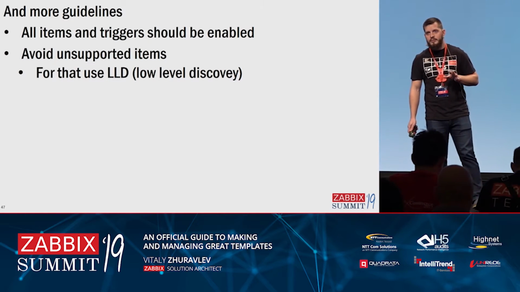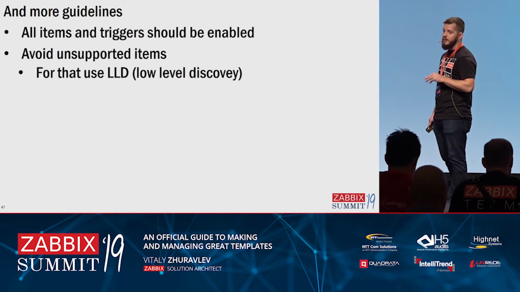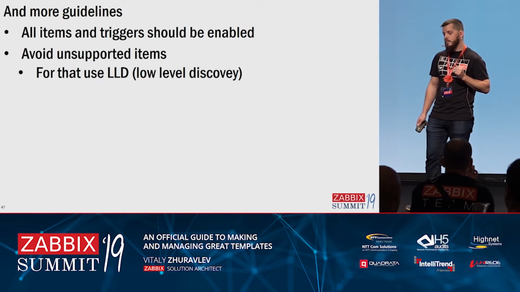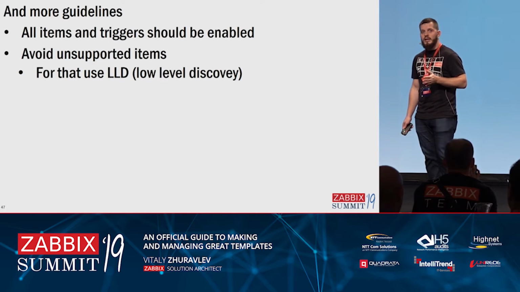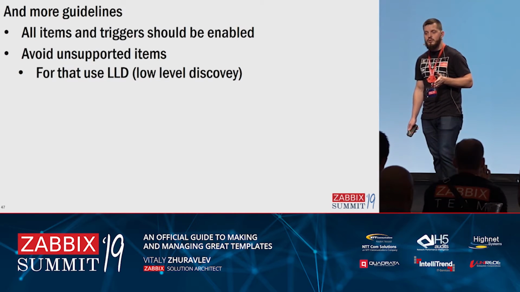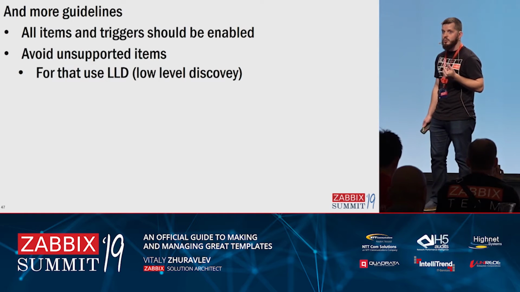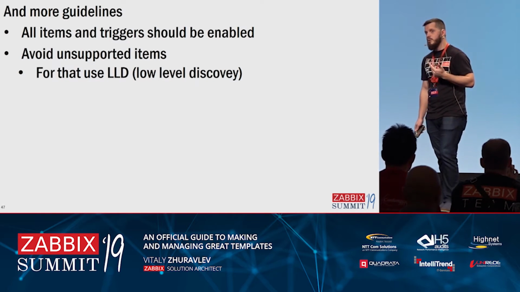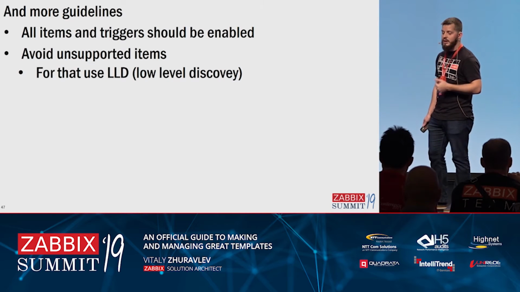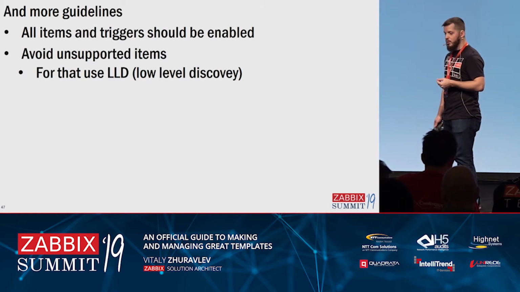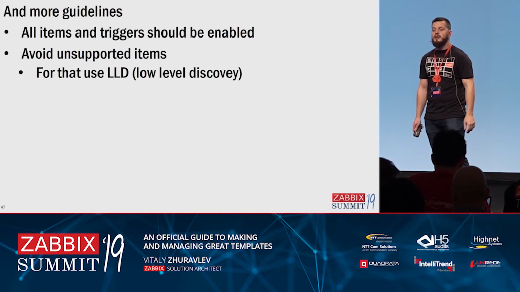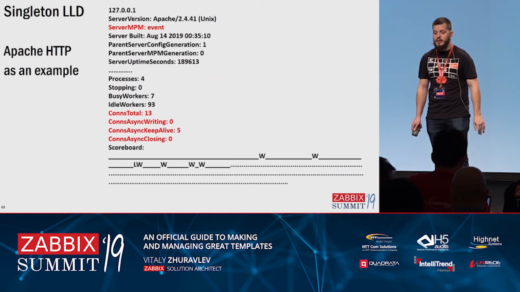So low-level discovery would take care of that thanks to prototypes. But we also can use low-level discovery as a filter. So for those things that could be either 0 or 1, or just 1, we still can use low-level discovery there, even though we might have created such items directly.